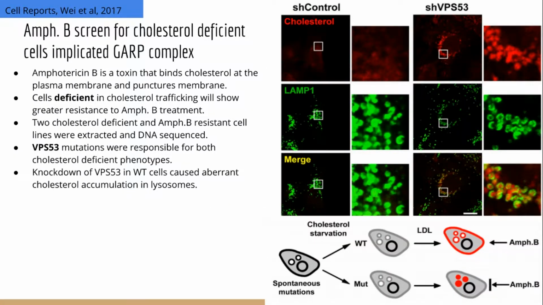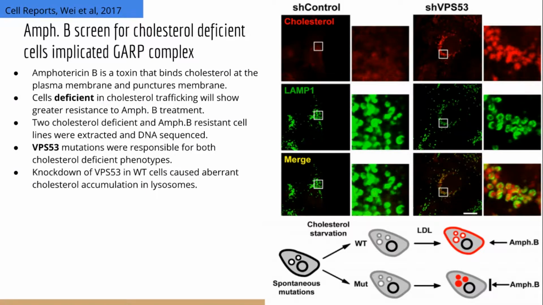This amphotericin B selection method is really a slick way to select for cells that are deficient in cholesterol transport. It does this because amphotericin B binds to cholesterol at the plasma membrane and punctures the membrane.